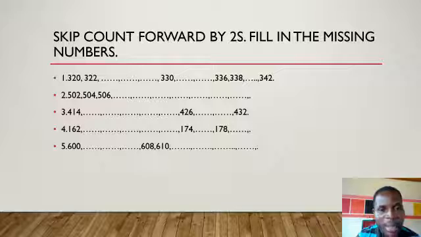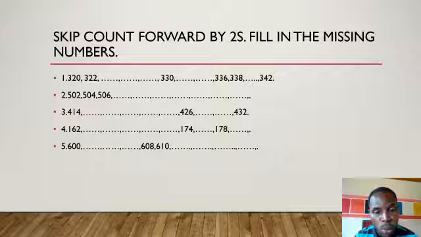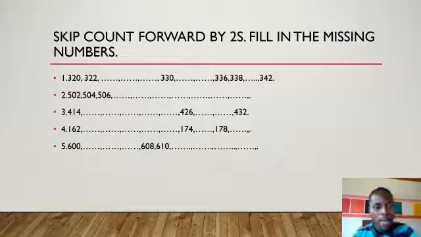Then the next number will be 330. 330 plus 2, 332 plus 2, 334 plus 2, 336 plus 2, 338 plus 2, 340. 340, that's 40 plus 2? It's not 42, so 338 plus 2 will give us 340. 340 plus 2 gives us 342. Obviously, it's easy. Now, we are in the section of the 500 column, as I told you.